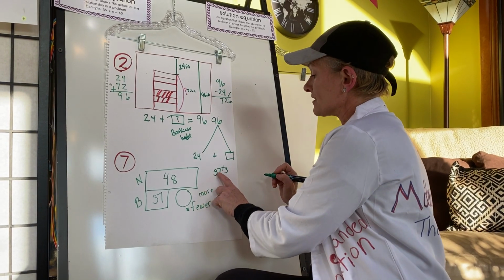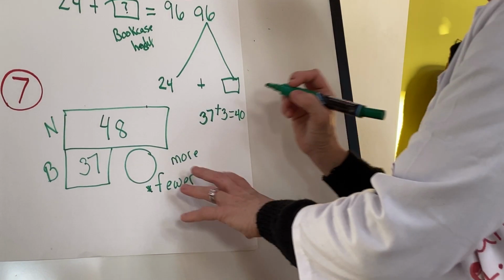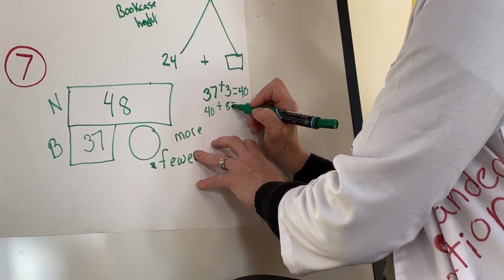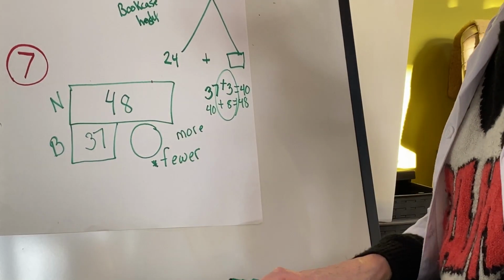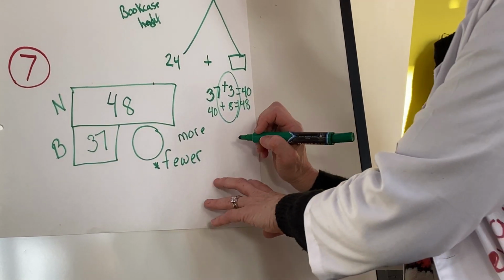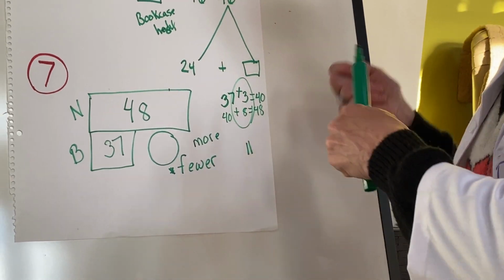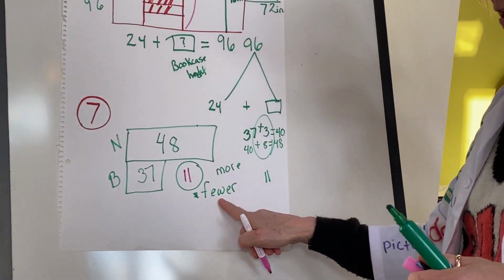I'm going to say 37 plus 3 got me to 40. And then 40 plus 8 more got me to 48. I added on, and I know you're yelling 11. So 11 is my answer. That means Ben is 11 fewer.